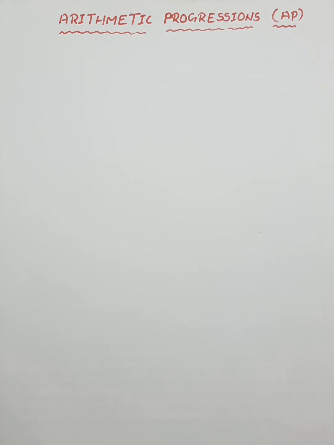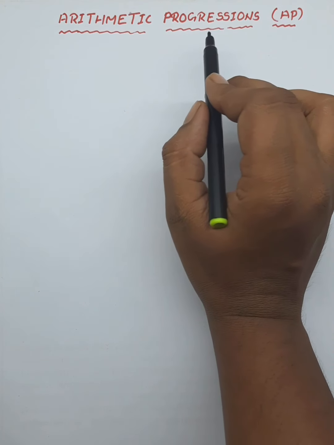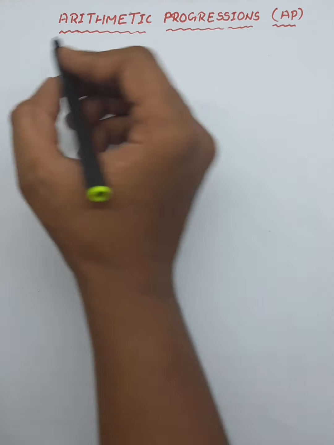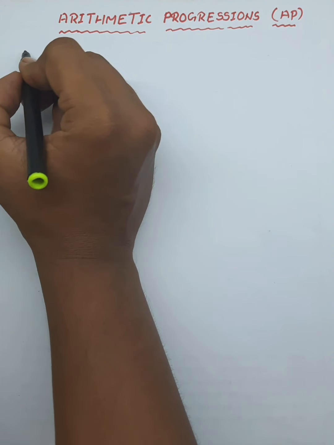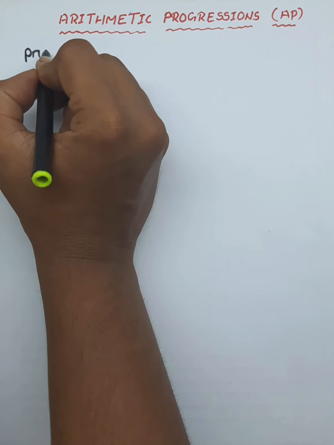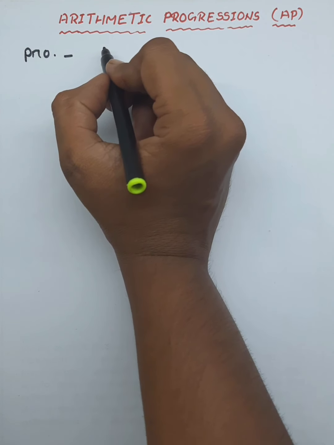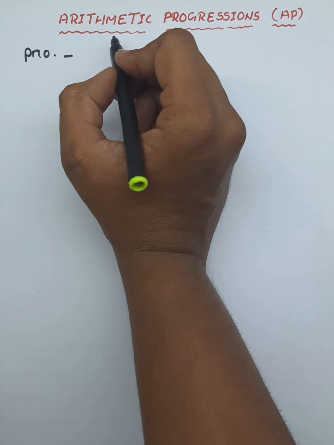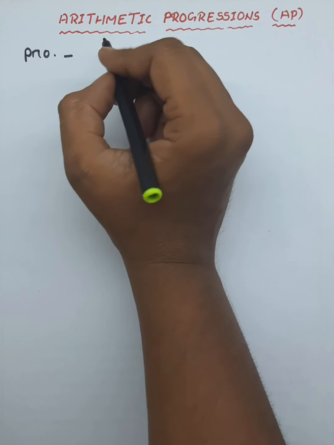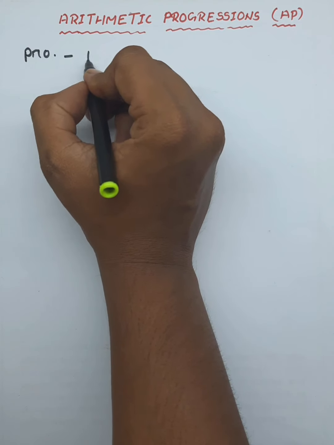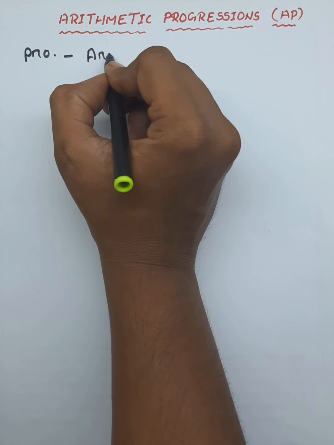So before going to arithmetic progression, we should know what is progression. Progression means arrangement of some numbers according to some specific pattern.